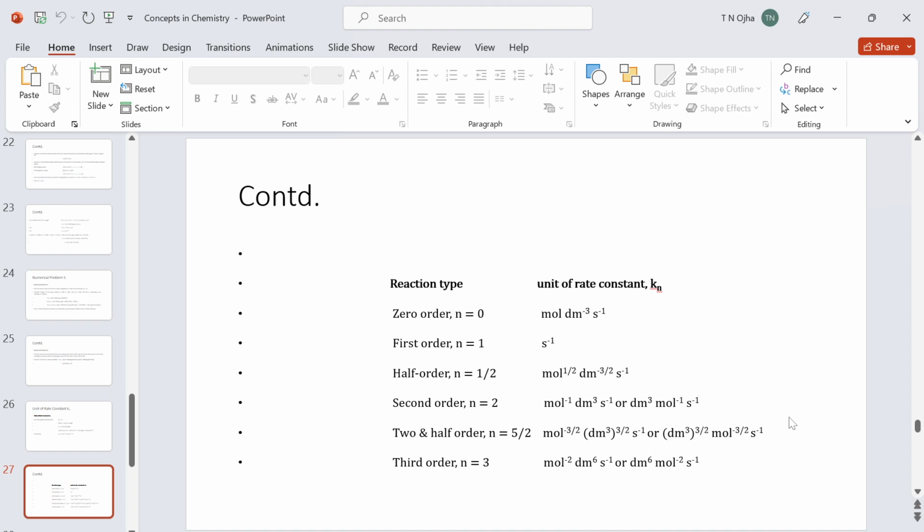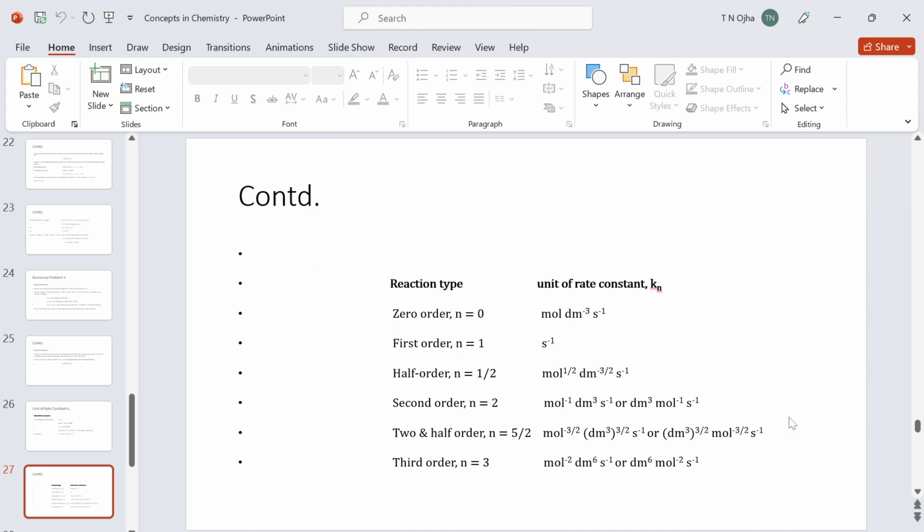For zero order reaction, n equal to 0, we get unit mole per liter per second. For first order, unit is per second. For half order, unit is mole power half, liter power half per second. For second order, mole inverse liter, second inverse.